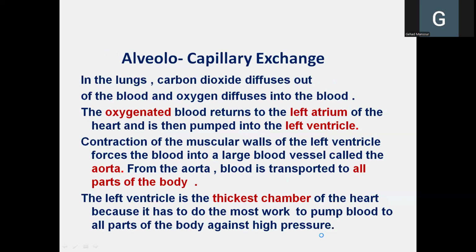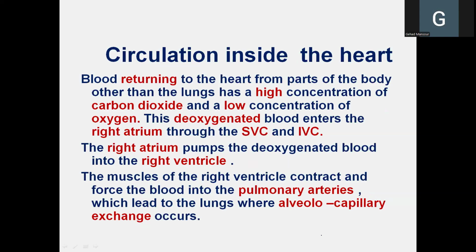And now we are going to see the circulation inside the heart. How does the blood circulate inside the heart? Of course, we know that the right atrium receives deoxygenated blood from the superior vena cava that carries deoxygenated blood from the head and neck, and from the inferior vena cava that gets blood back from the lower parts of the body.